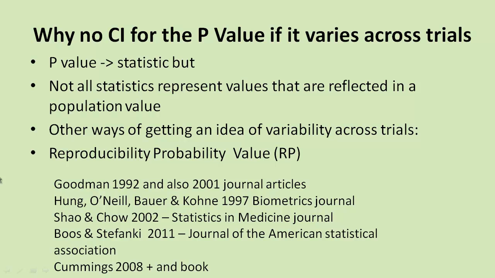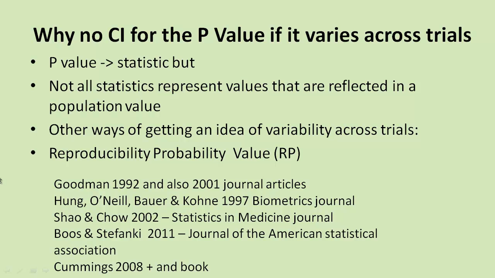Much more recently, in 2011, Boos and Stefanski in the Journal of the American Statistical Association recommended that p-values are thought of once again in a more qualitative way, using a single, double and triple star approach, as the actual values are so unpredictable, and discuss again how one can use this idea of a reproducibility probability value. Showing the signs of the times also, Boos and Stefanski give R code on how to produce the RP value.